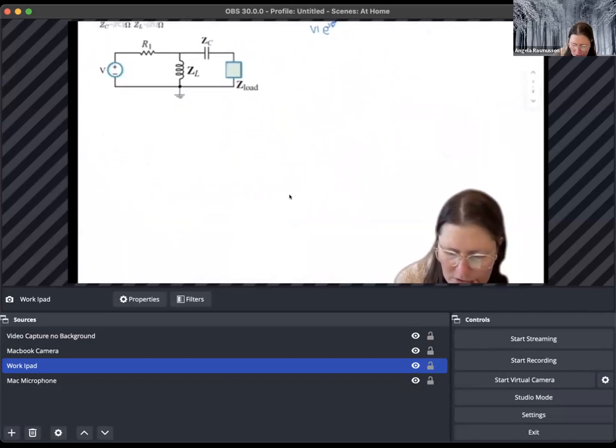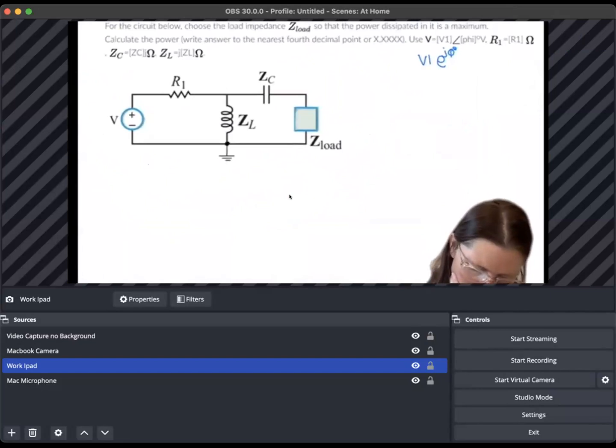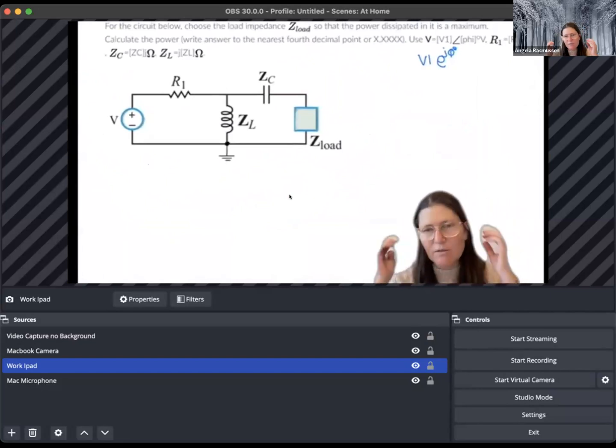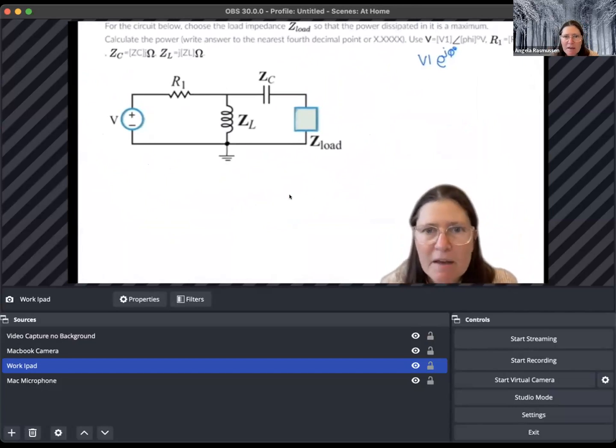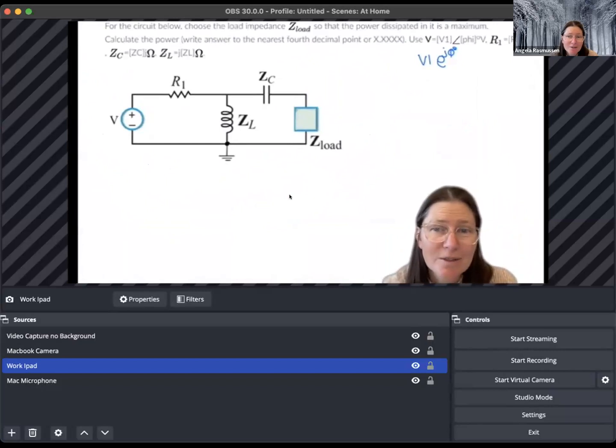So you can just use the magnitude to solve for the rest of this. You can just do VTH with the magnitude of V1 to get VTH, and then also try and get ZTH.